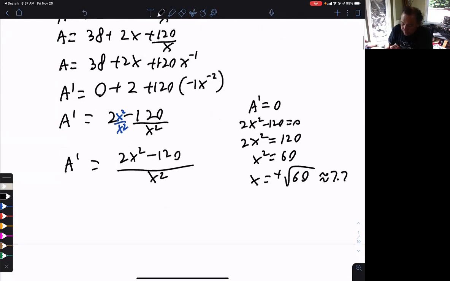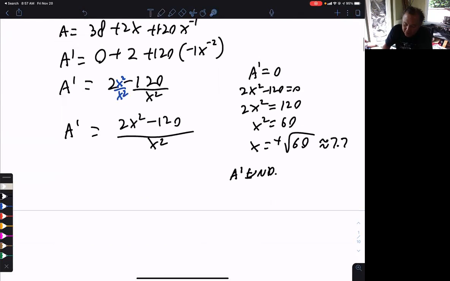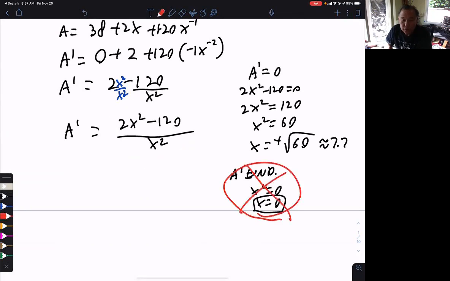Now, that's where the derivative is 0. The other critical point is where the derivative is undefined. Well, when is this fraction undefined? It's when the denominator equals 0. Well, x is 0. Well, that actually is not a critical point, and I'll tell you why. Critical points cannot be endpoints.